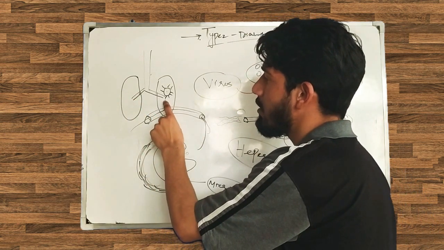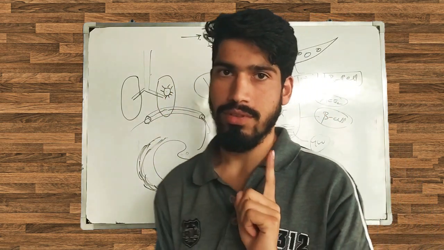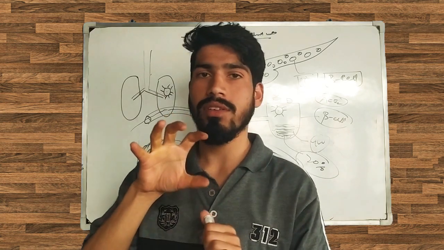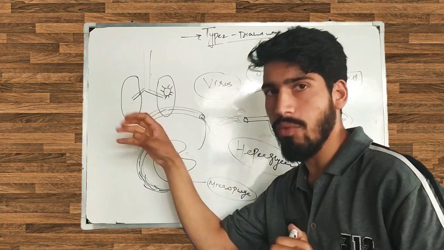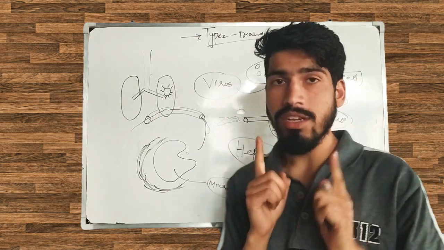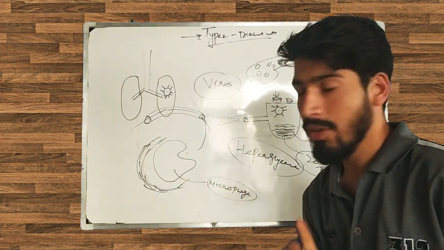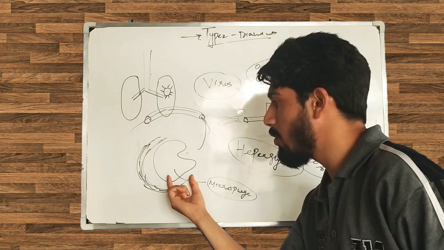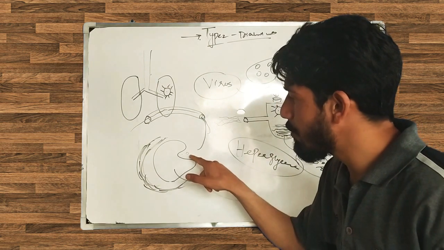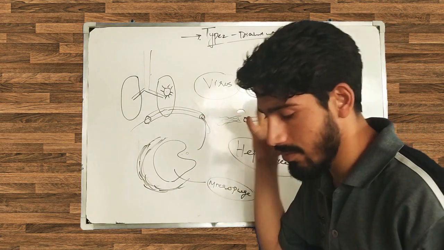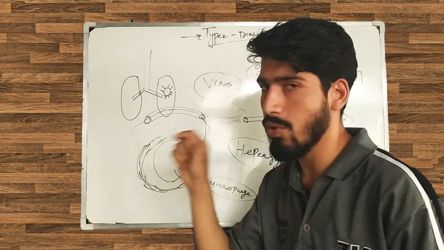The virus is here, but due to the high amount of glucose, the macrophage slips and goes forward. This is another thing in diabetic patients. As we know, the macrophage is a phagocytic cell. It goes, but due to the high level of glucose, it slips and goes in the forward direction.